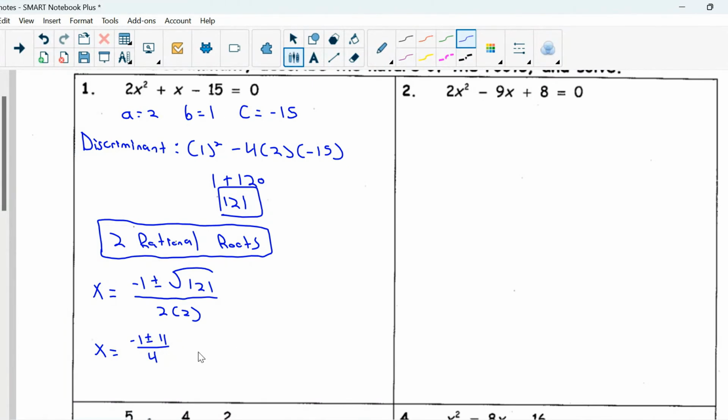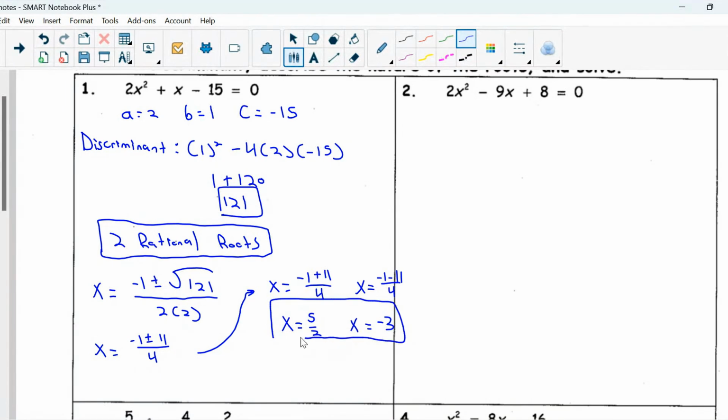So our cases are x equals negative 1 plus 11 all over 4, and x equals negative 1 minus 11 all over 4. So in my first case here, this would give me x equals 5 halves. And in my second case here, x would equal negative 3. So those right there would be my two rational roots for my quadratic above.